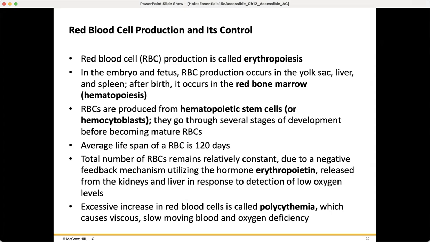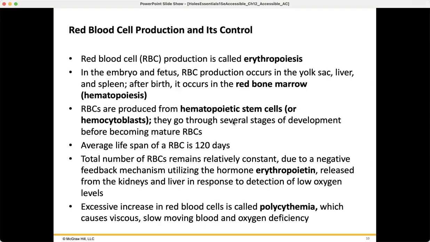So we learned before that the function of our red bone marrow is hematopoiesis, which is just general blood cell formation. But if we want to do erythropoiesis, this is just part of that process, except we're specifically focusing on when red blood cells are made. So any of the cells that we talk about, we'll see the chart in a minute, start with some sort of stem cell. For blood cells, we call them hemocytoblast or hematopoietic stem cells.